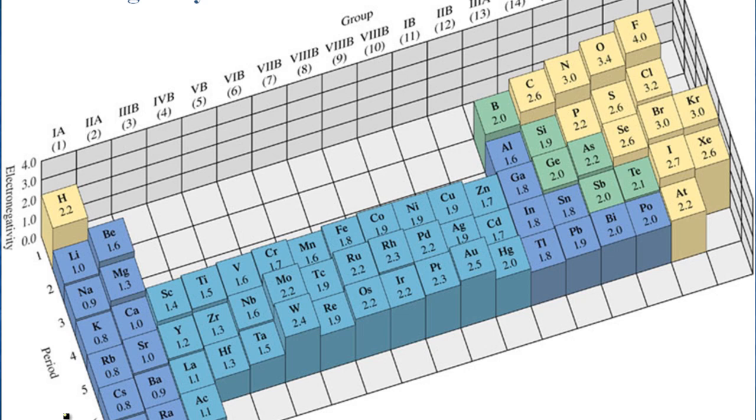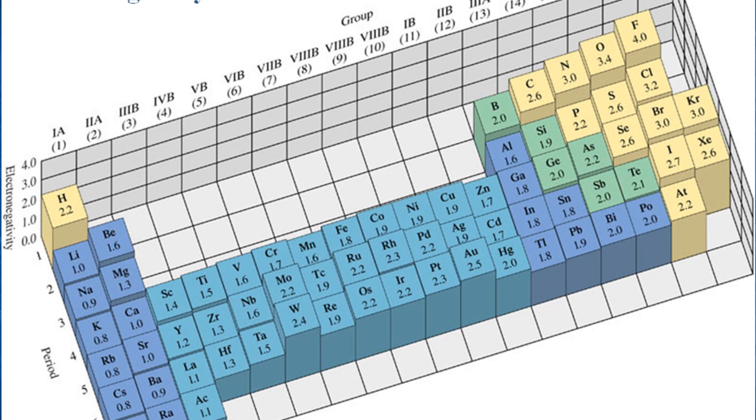So here is the table from your book again, figure 8.5, which shows the main group elements and most of the transition elements with their electronegativities. As you can see, the more electronegative elements are in the right hand top corner of the periodic table.